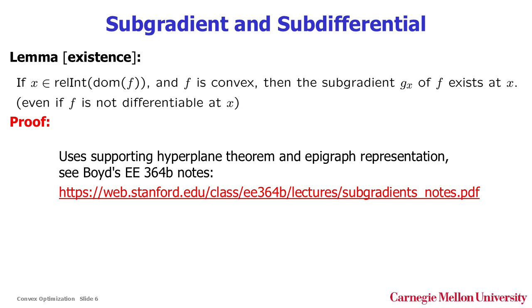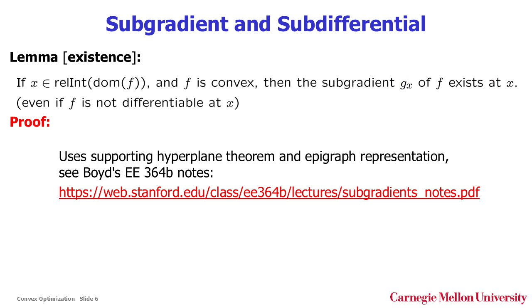The first lemma I would like to mention is about the existence of the subgradient. We can prove that if we choose any point x in the relative interior of the domain of f and f is convex, then at least one subgradient g_x exists at that location x, even if f is non-differentiable at x.